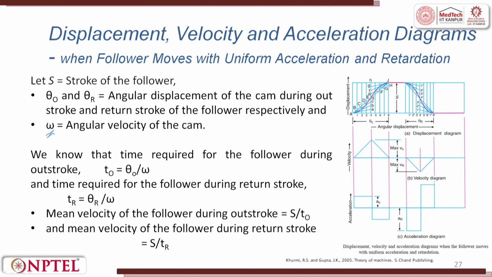Omega is the angular velocity, so time is equal to theta by omega. The return stroke time Tr is theta r by omega. The mean velocity of the follower is S by T naught for the outward stroke, and S by Tr for the return stroke.